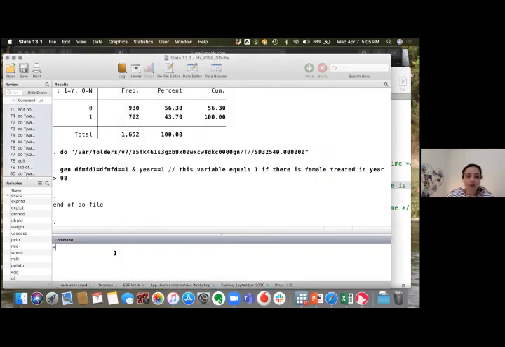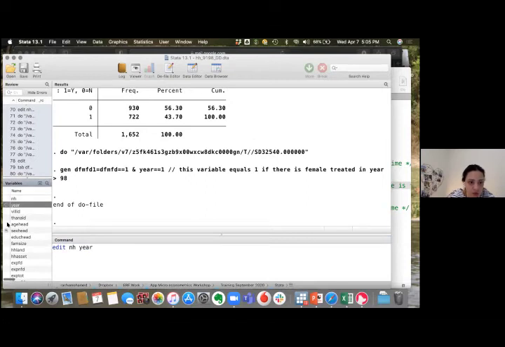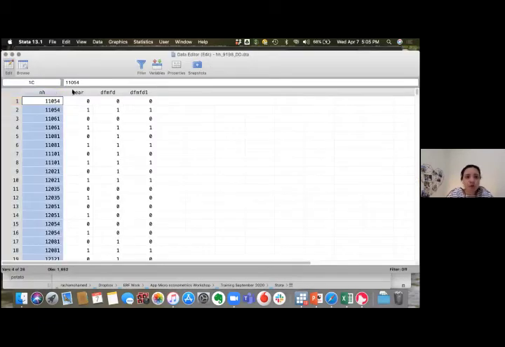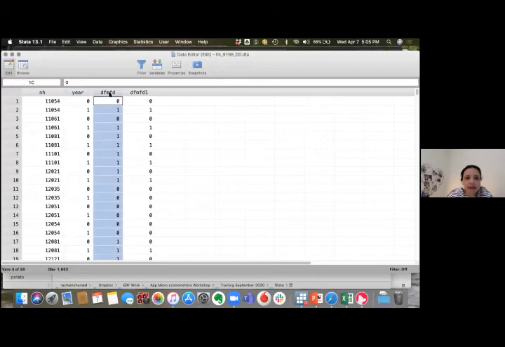So if we look at the data set, let me show it to you. I always like to open the data set and see how it looks. Okay. So here is the household, here is the year 0 and 1, here is the variable of interest.